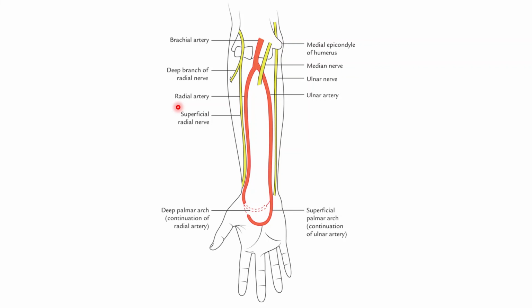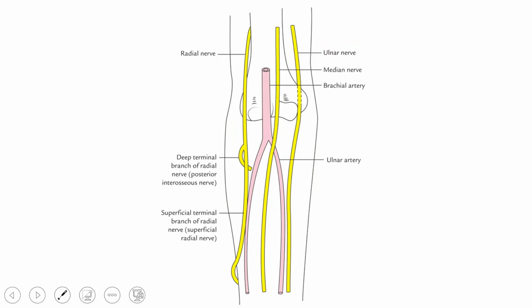The deep muscles are supplied by the deep branch of the median nerve, that is the anterior interosseous nerve. So these are the nerves which are seen in the anterior compartment.